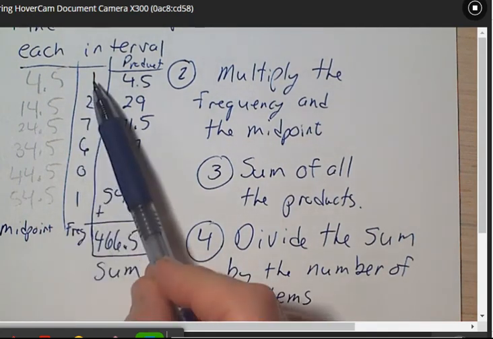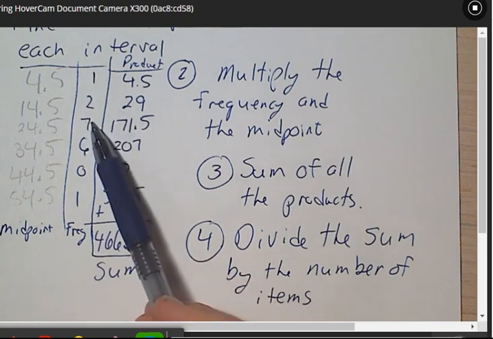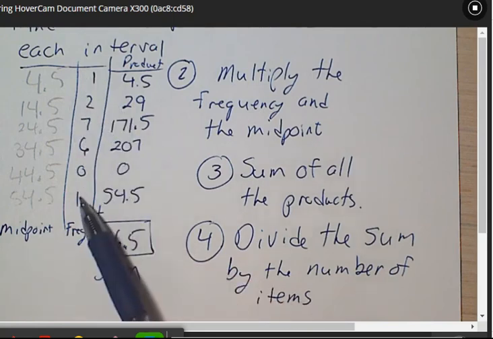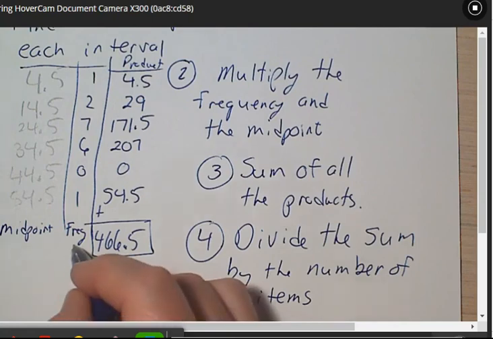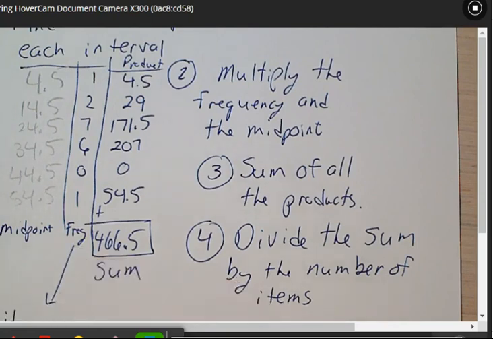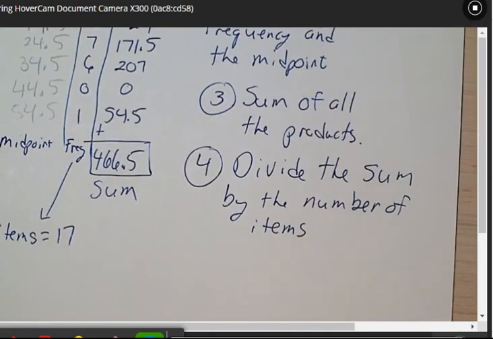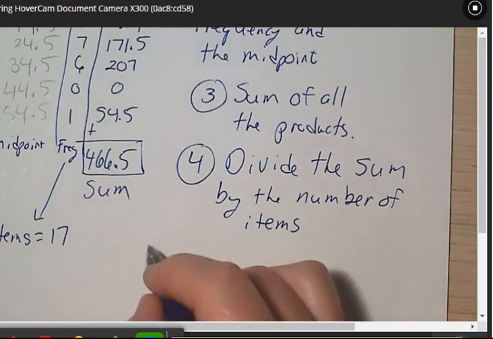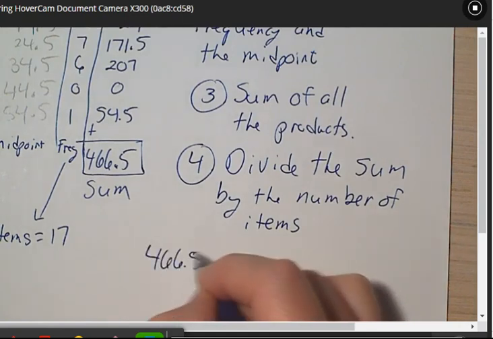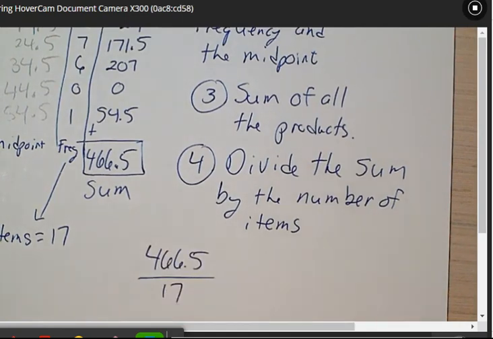So there's 3, there's 7, there's 10, there's 16, there's 17. So our number of items is 17, so we're going to take the 466.5 and divide it by 17.